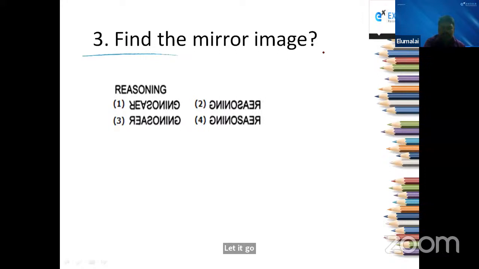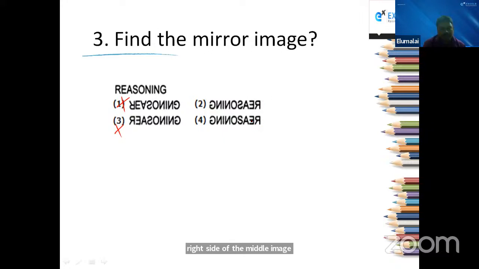Yes, very good. Everyone has answered correctly. Good. See, reasoning. If you search in the same manner, left side objects must be on the right side of the mirror image. So by seeing that property, you could have eliminated these two options.